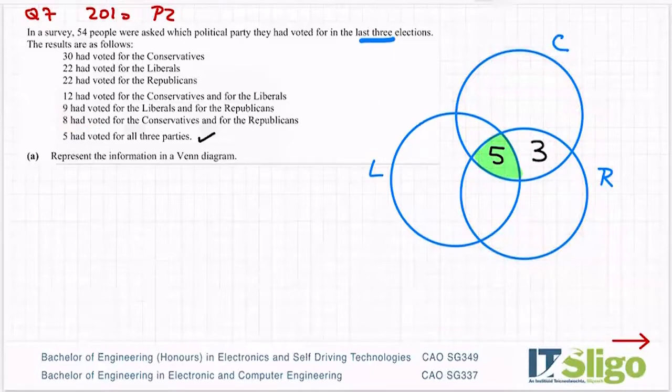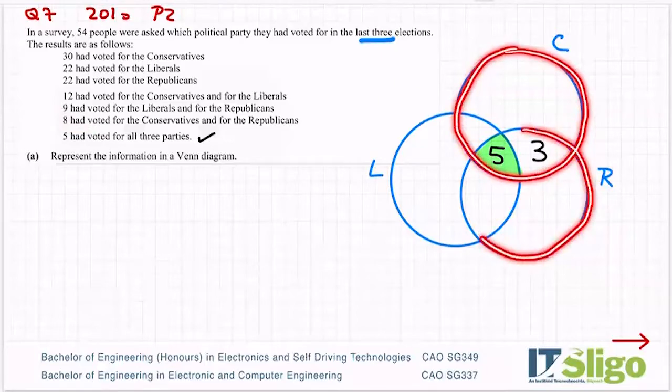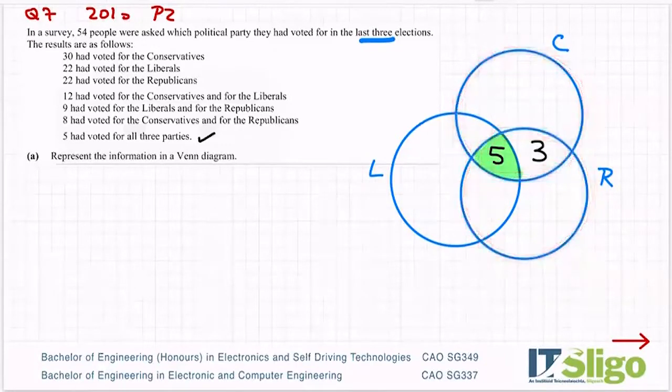Because now if you see the Conservatives and the Republicans, you can see that between them, 8 people voted for the Conservatives and the Republicans. Okay, so I hope that makes sense. These 5 people did vote for the Conservatives and the Republicans. It's just they also voted for the Liberals. So they tick more than one box.